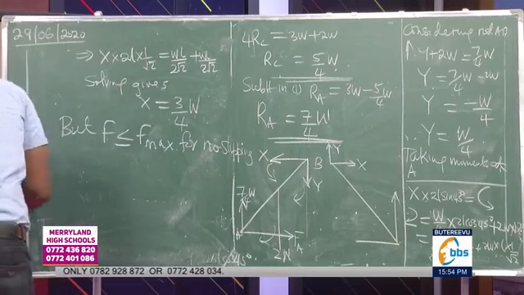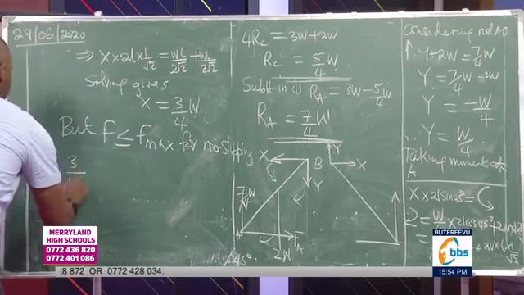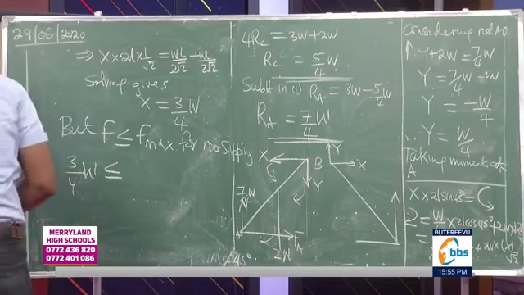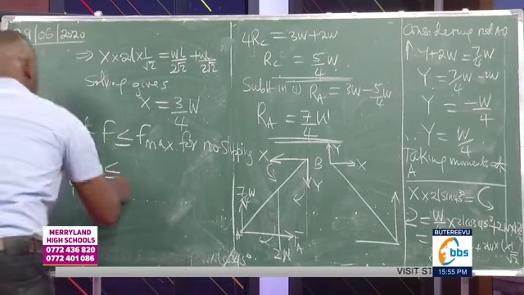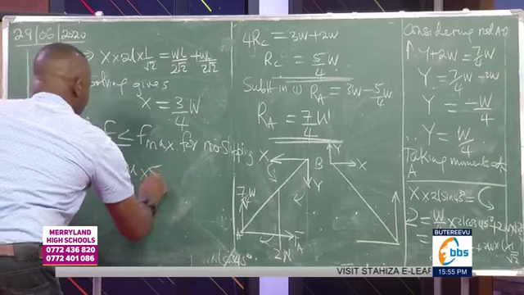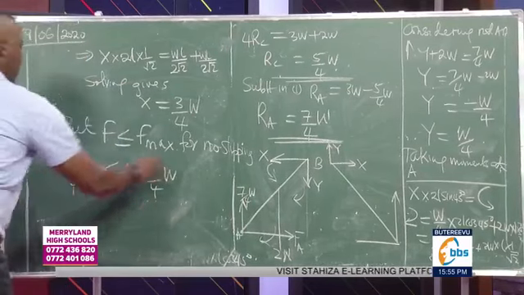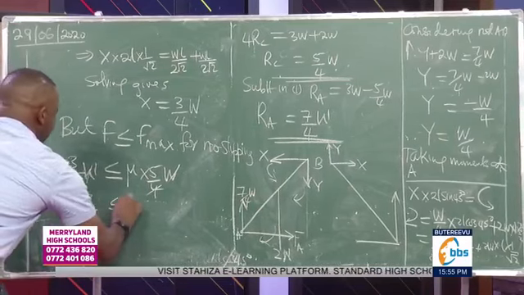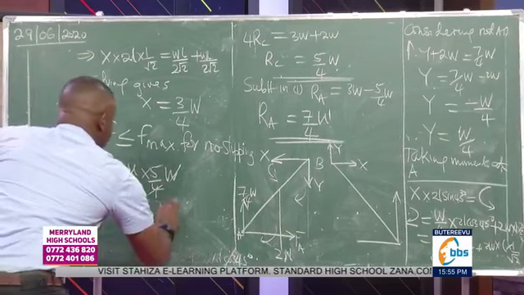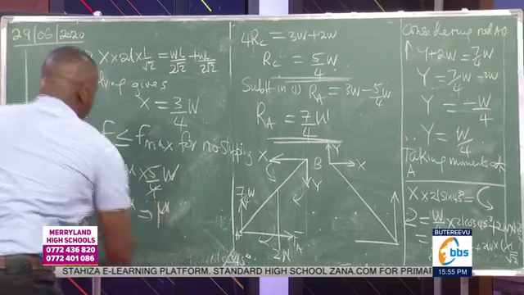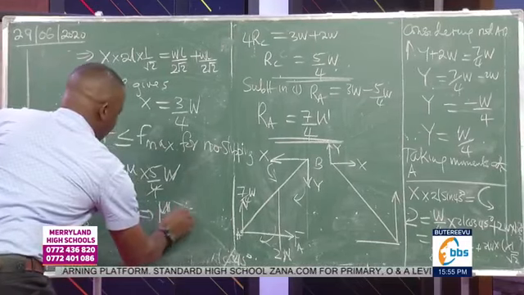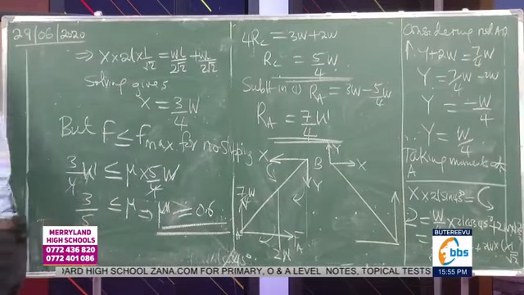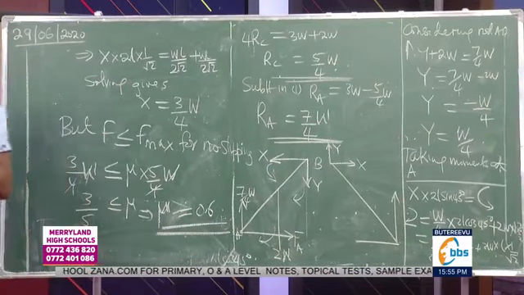So our f, we have it here, that 3 out of 4w will be less or equal to our f max, which is mu times 5 out of 4w. The w will cancel, the 4 will cancel, 3 out of 5 will be less or equal to mu, implying that mu is actually greater or equal to 0.6 as required.